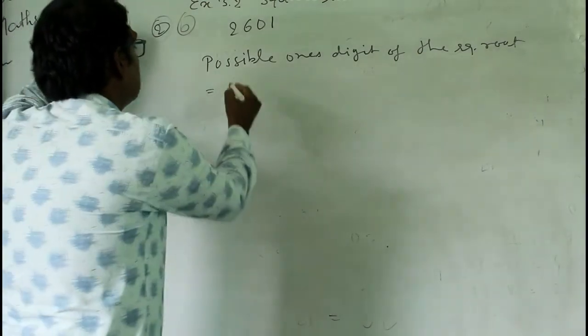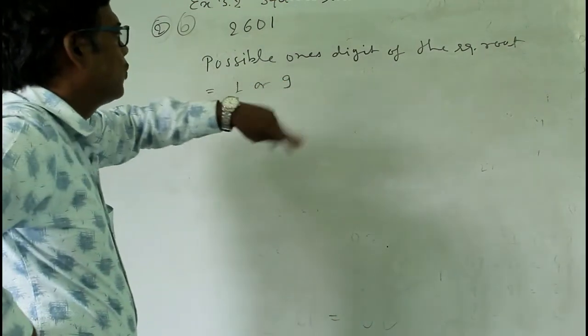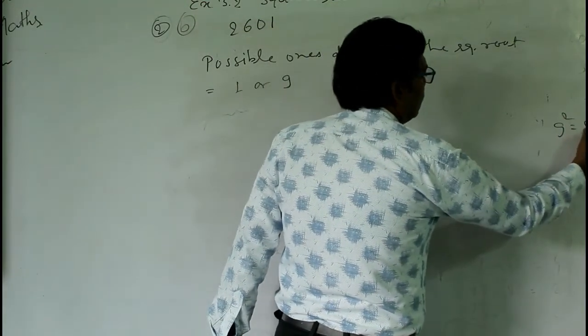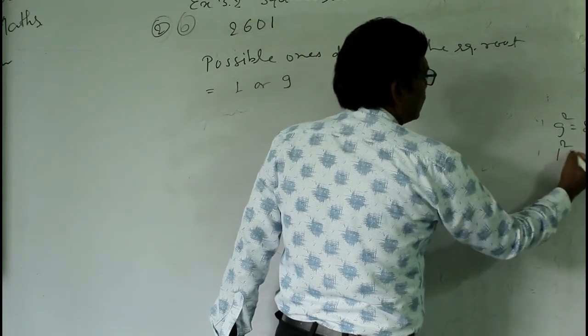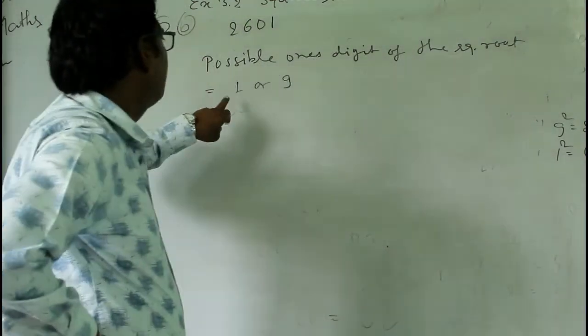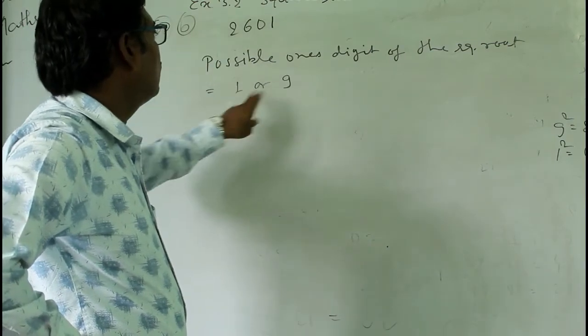So the possible digits are 1 or 9, because 9 square equal to 81 and 1 square equal to 1. So that is why the possible ones digit of the square root of this number is either 1 or 9.